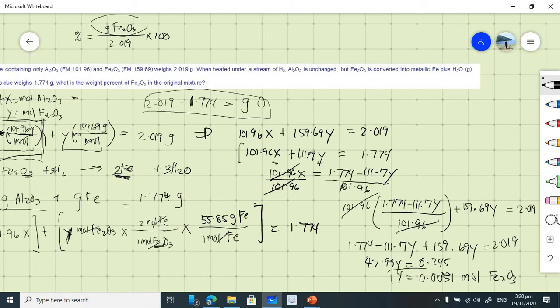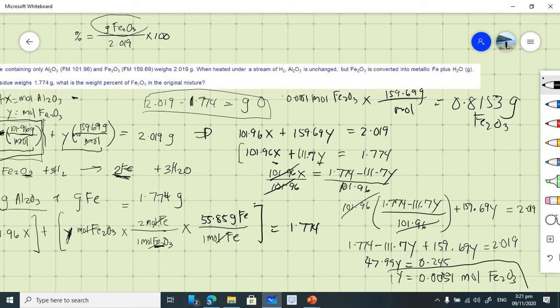Okay, so if we convert that to mass of Fe2O3, because we need grams, so moles Fe2O3, that's 0.0051 times 159.69 grams per mole. So this will give you 0.8153 grams of Fe2O3.